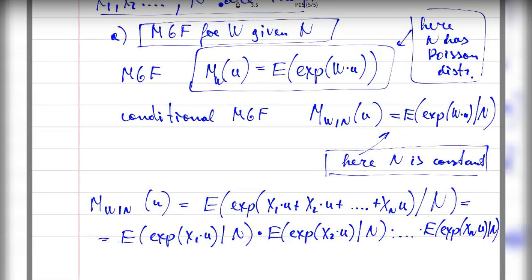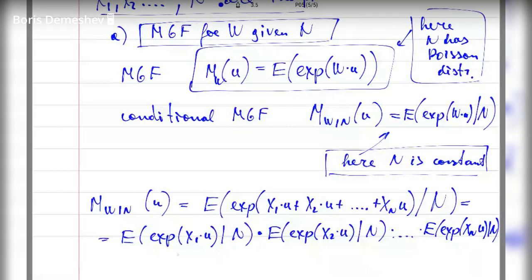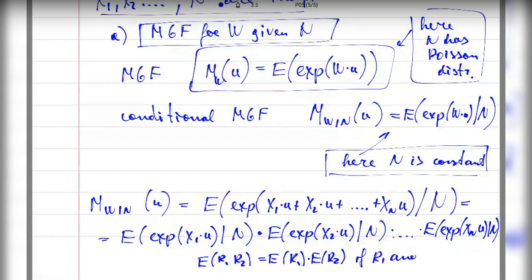Yeah, because if random variables are independent, the expected value of a product is a product of expected values. So here I have used the fact that for independent R1 and R2, the expected value of a product is a product of expected values, which holds if R1 and R2 are uncorrelated. They are independent, but that's more than uncorrelated.